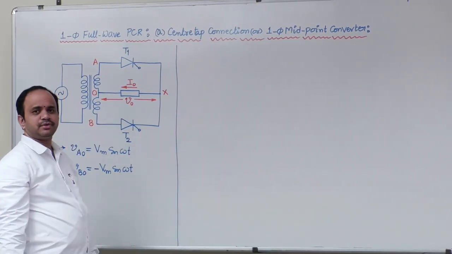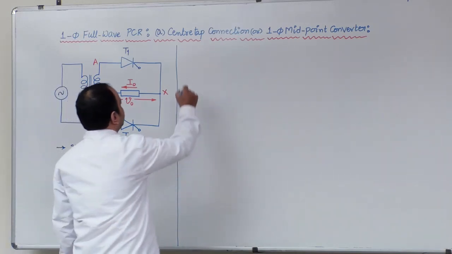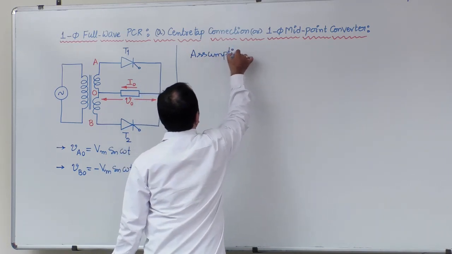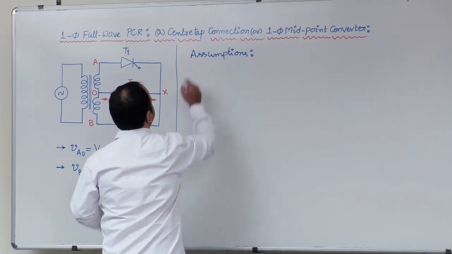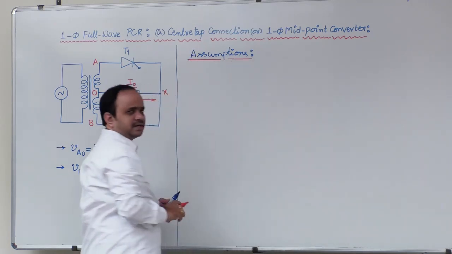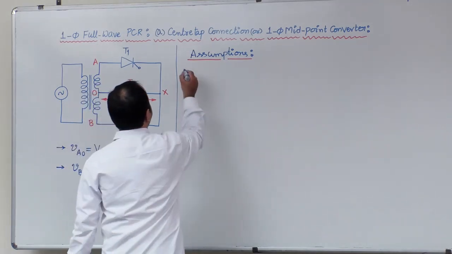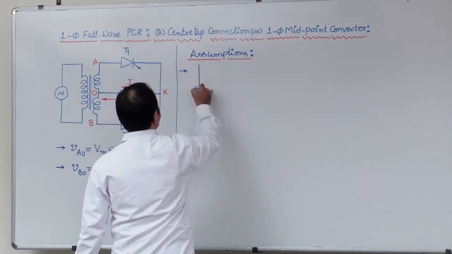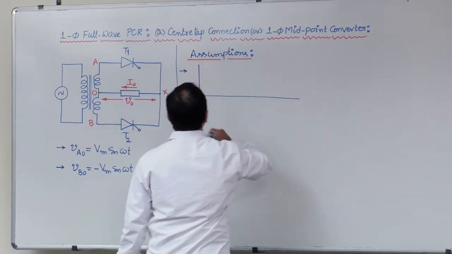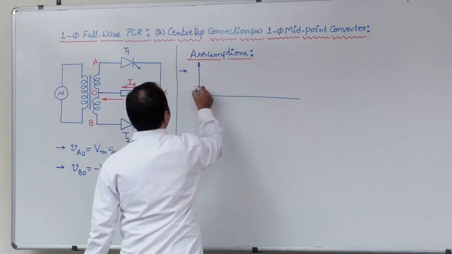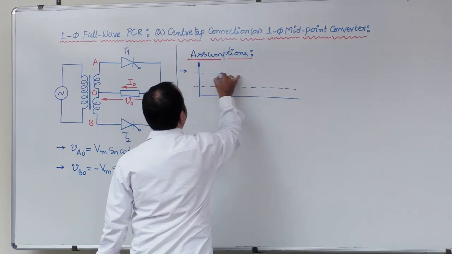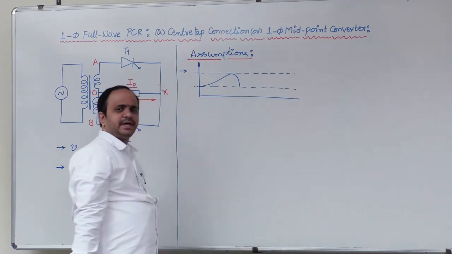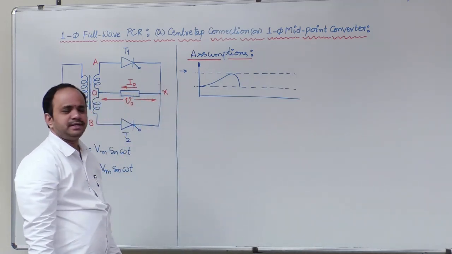So in full wave rectifier circuits, before starting the analysis, first we will consider a few assumptions. After this, we will relax those assumptions and discuss that separately. So what is that assumption? If you recollect from our previous half wave rectifier circuit, in case of an inductive load, the output current waveform contained a sinusoidal and an exponentially decaying component.